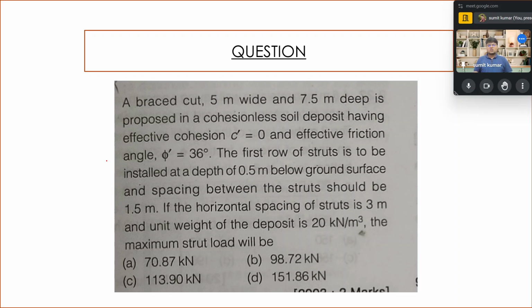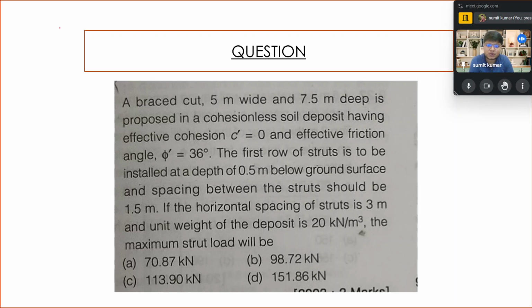The first row of the struts is to be installed at depth 0.5 meter below the ground surface, and the spacing between the struts should be 1.5 meter. If the horizontal spacing between the struts is 3 meter and the unit weight of soil is 20 kilonewton per meter cube, the maximum strut load will be.